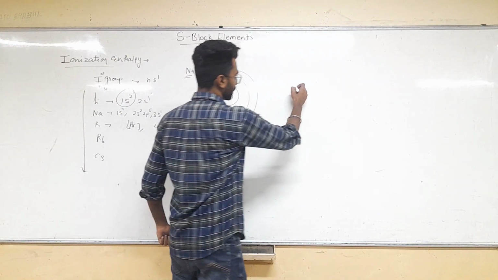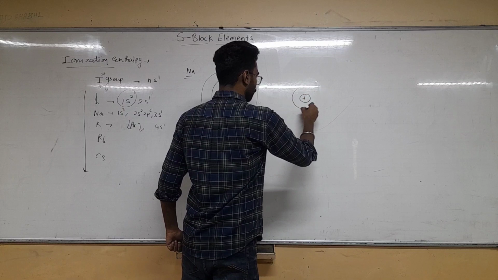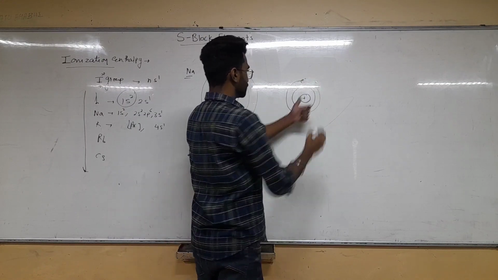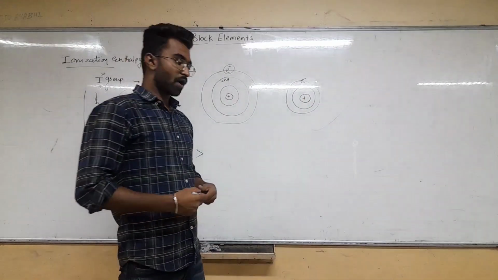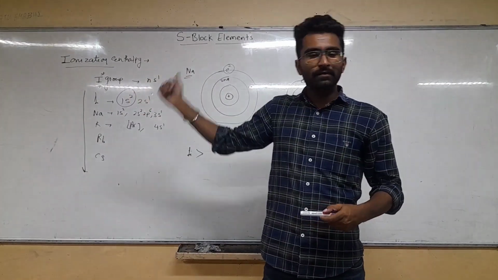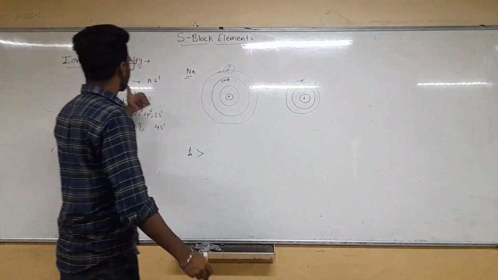If I draw lithium like this, this is the nucleus, this is the first shell, this is the second shell. It has its last electron in this shell. It is very near to the nucleus, so it is bound strongly compared to the other first group elements. So lithium will have the greatest ionization enthalpy.